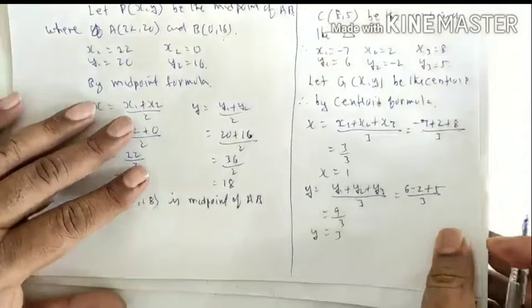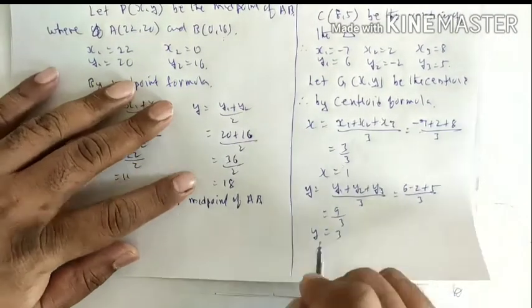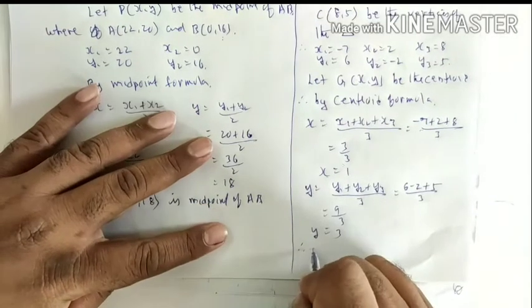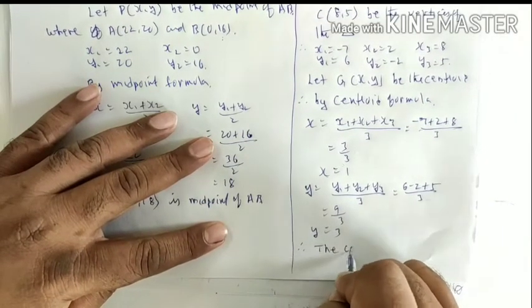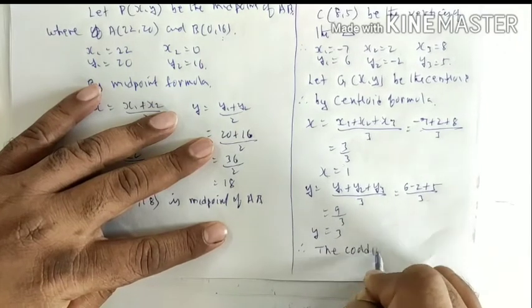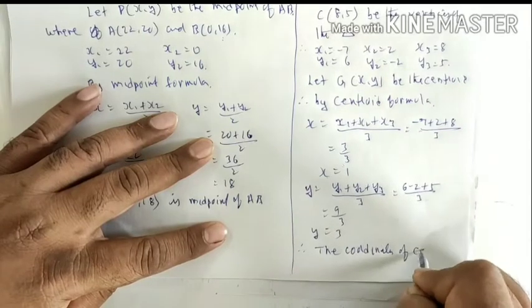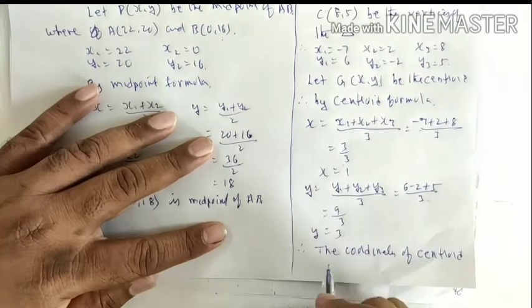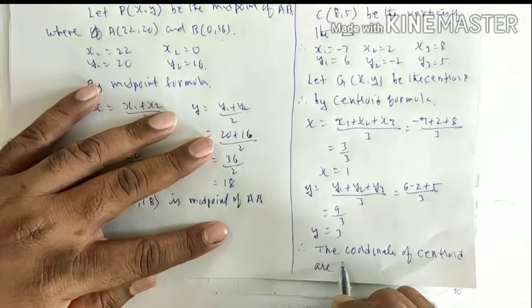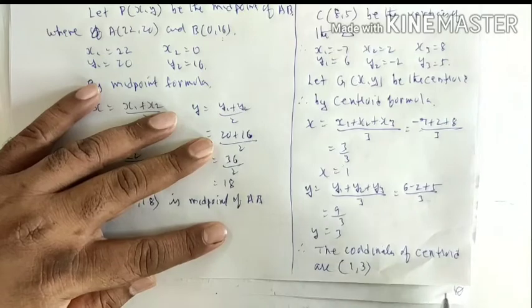We get y equal to 3. Therefore, the coordinates of centroid are (1, 3). This is our answer.